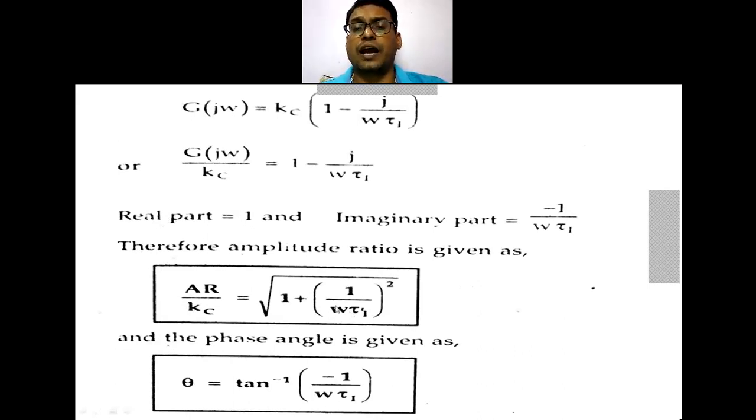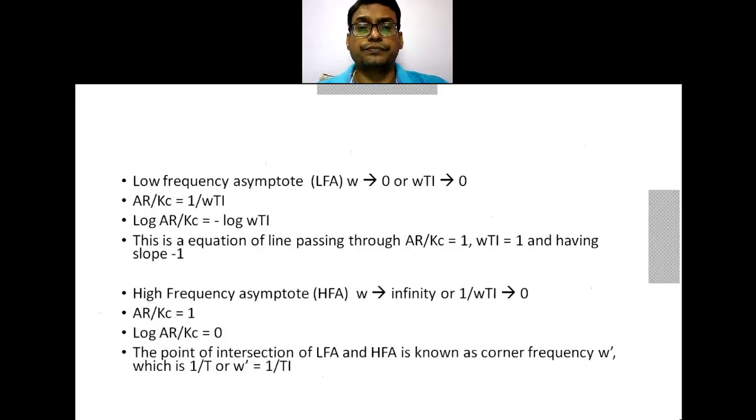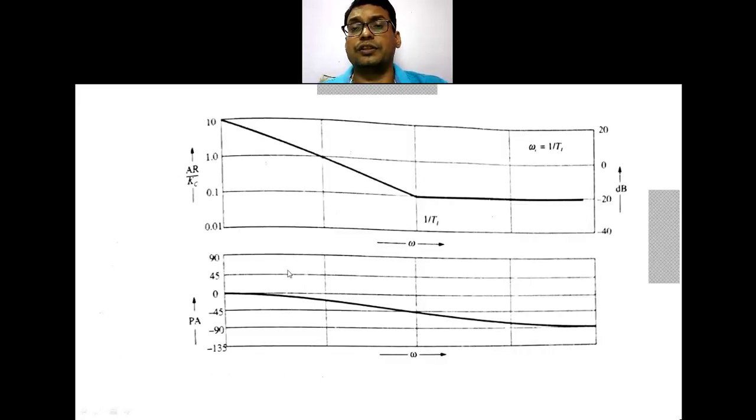So it will have the value of 1 upon omega tau I. So log of amplitude ratio upon Kc is equal to minus log of omega tau I. So this is a line passing through AR upon Kc equal to 1 and omega tau I equal to 1, having a slope of minus 1. So it's a slope of minus 1 line that is to be plotted.